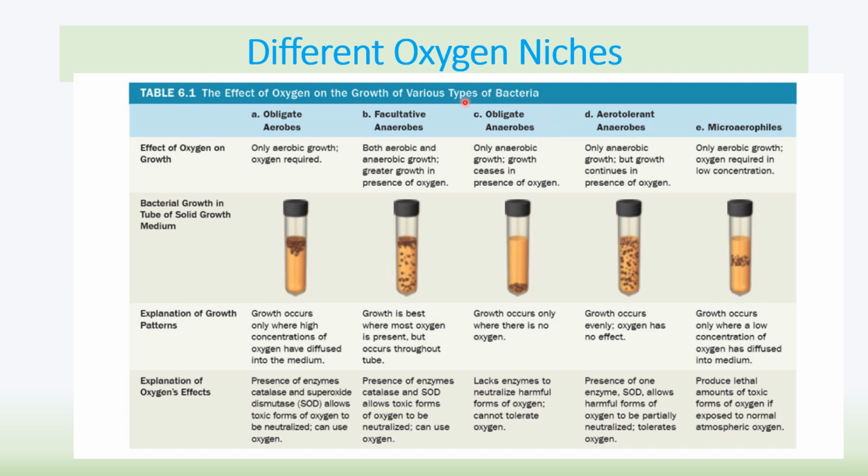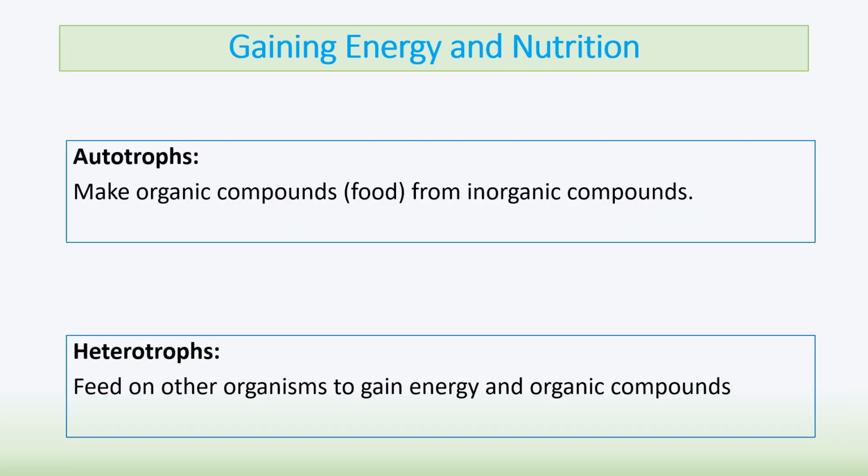Obligate anaerobes are organisms that can only grow in anaerobic conditions when there is no oxygen available. You do not need to know these last two, D and E. So we're going to look at nutrition and gaining energy to finish off this area, and these are terms that you will come across when you do photosynthesis and respiration in lessons as well.